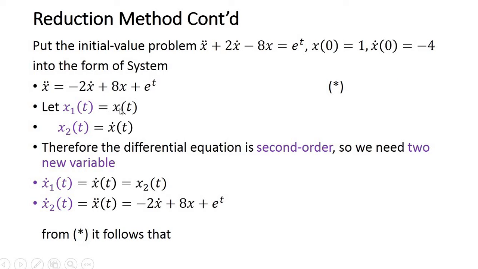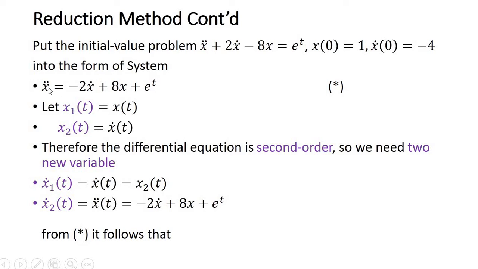x1 will be equal to x, and x2 will be equal to the first derivative, so that we can substitute by these variables. How do we create the variables again?